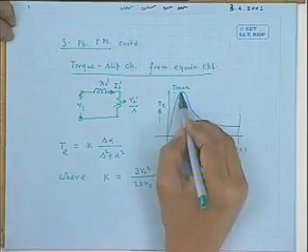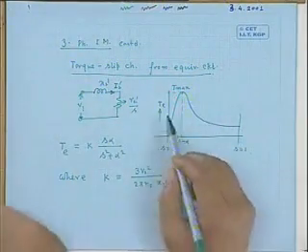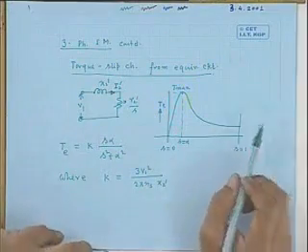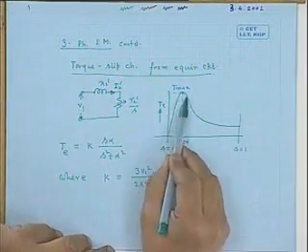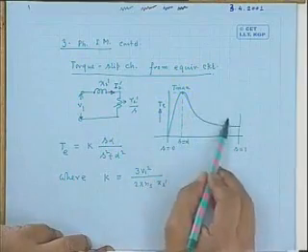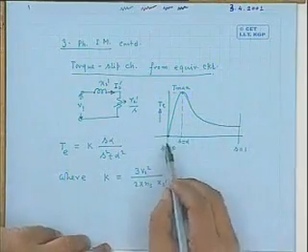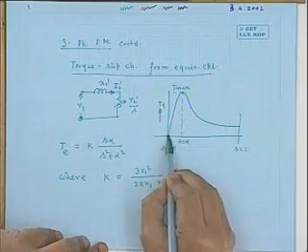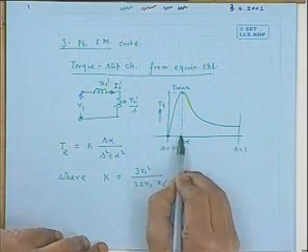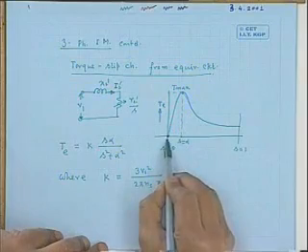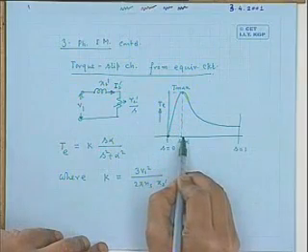Then we also explained which portion of the torque slip characteristics is stable and which portion is unstable. That is, an induction motor will never operate in this zone. This is the unstable zone. So the operating speed of an induction motor, strictly speaking, will vary between S equal to 0 and S equal to alpha.